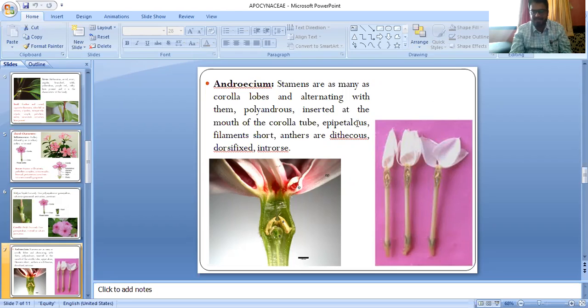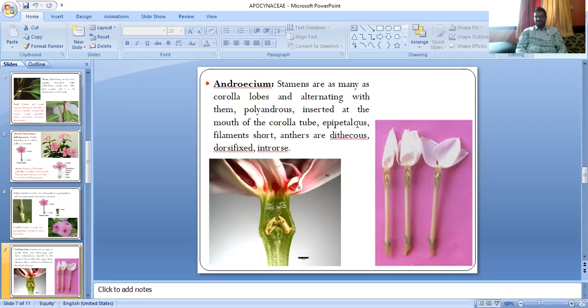They are epipetalous. Epipetalous means stamens attached to petals.